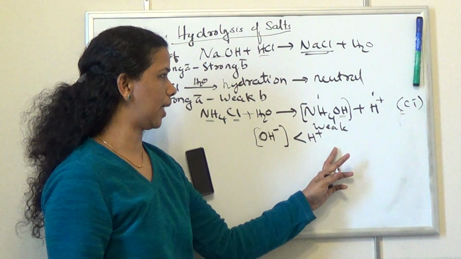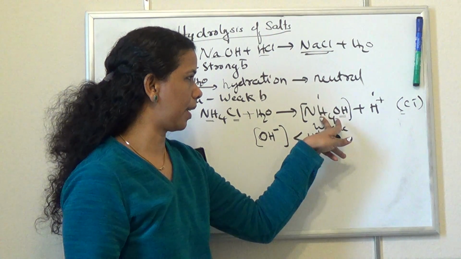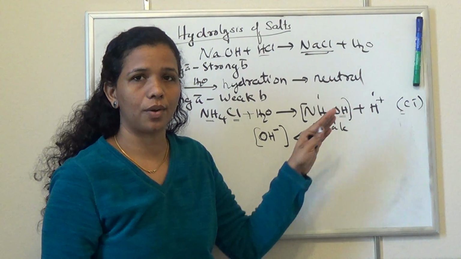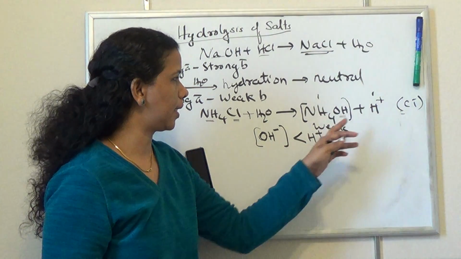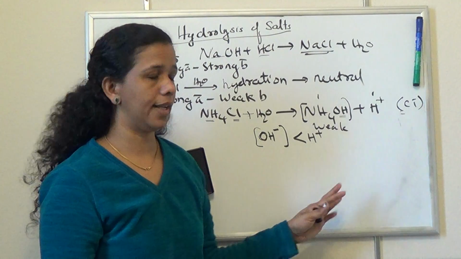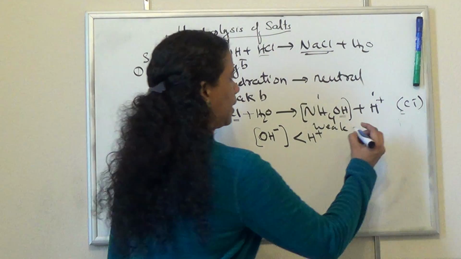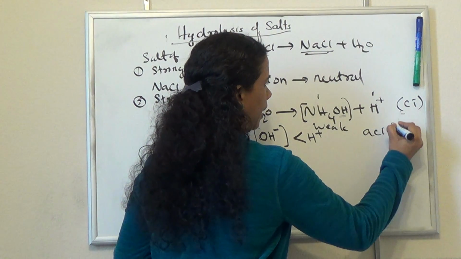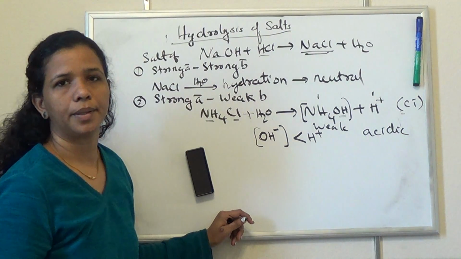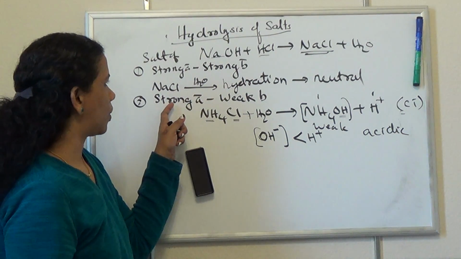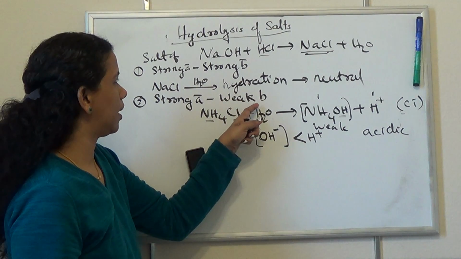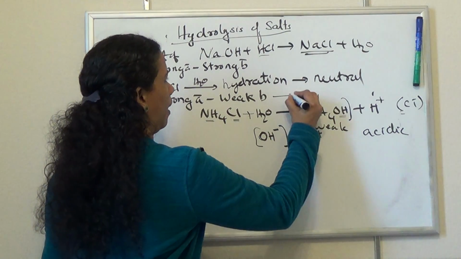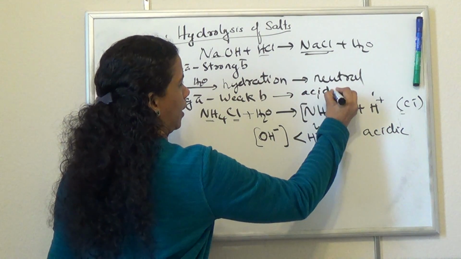That is, we can consider like this. Ammonium hydroxide will remain like this because it will not undergo complete dissociation, but there are more H plus ions. So this type of solution will be acidic. So the salt of a strong acid with a weak base will be acidic.